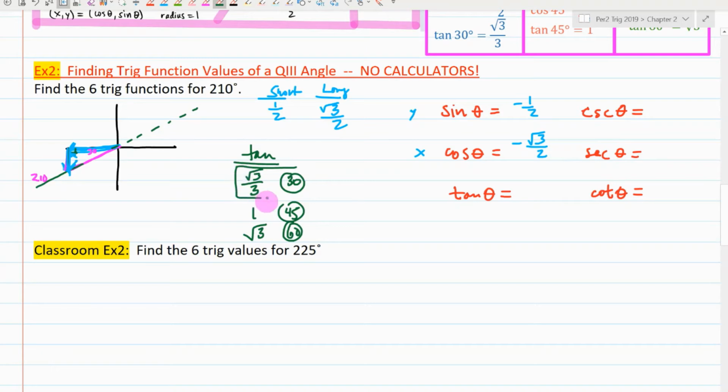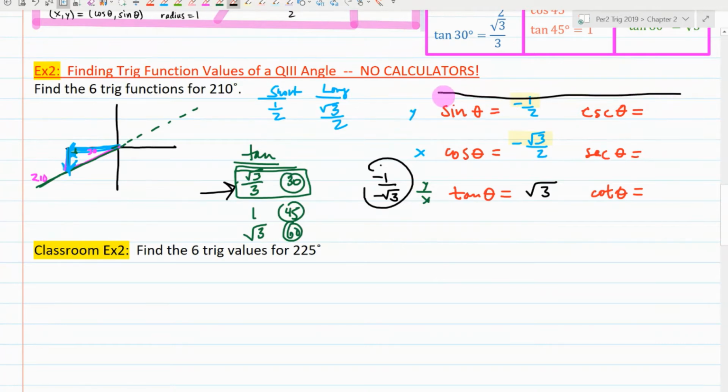So the only one that's a fraction for tangent is the flat slope. If you forget that, tangent is always y over x. So y over x would be negative 1 over negative radical 3. The 2's would cancel out. If you reduce it, you get tangent, which is radical 3 over 3. It is positive. It's sloping upward.